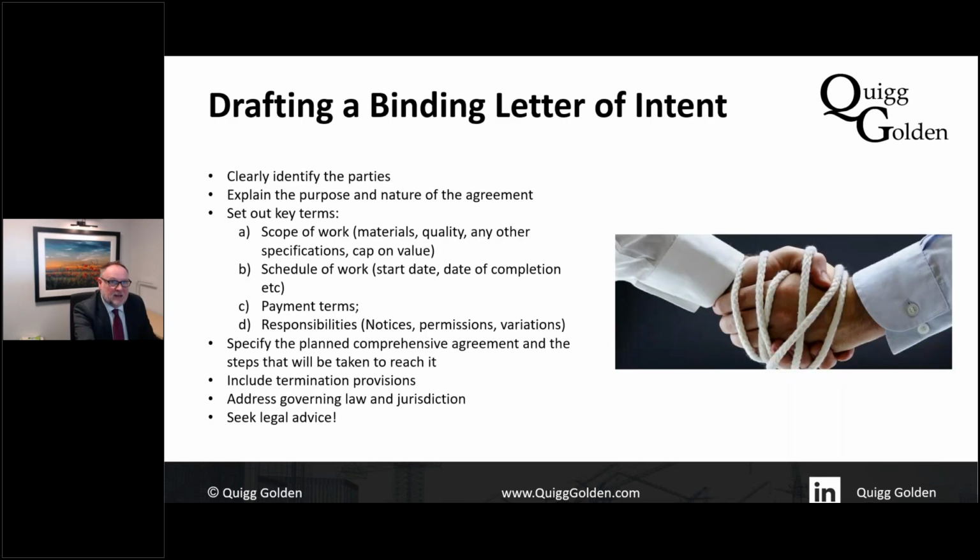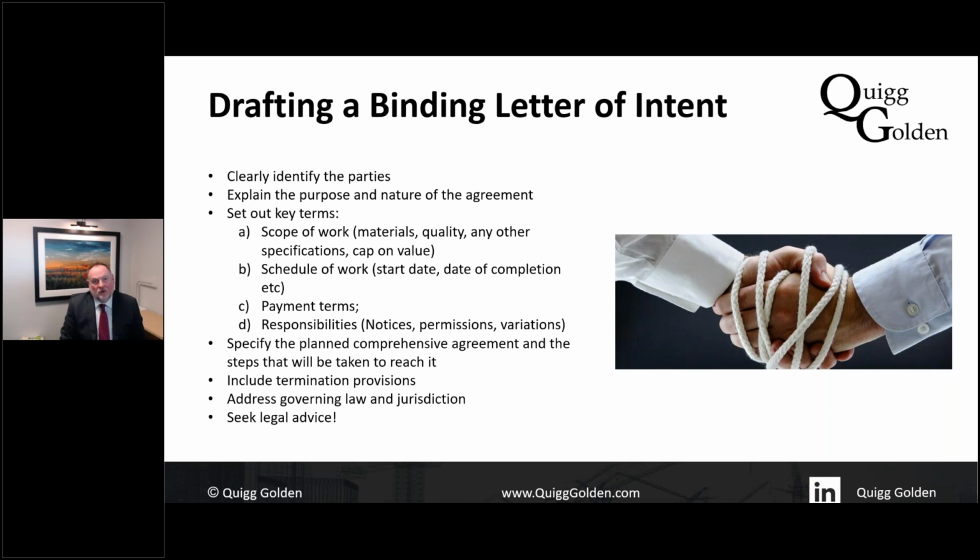But whenever you're drafting a letter of intent, some of the elements that should go into it: you clearly want to identify who the parties are, fair enough. Explain the purpose and nature of the agreement, and that's like a recital. So it sets out, whereas we intend to enter into a contract, whereas those negotiations are ongoing, we would like to get some work started on site.